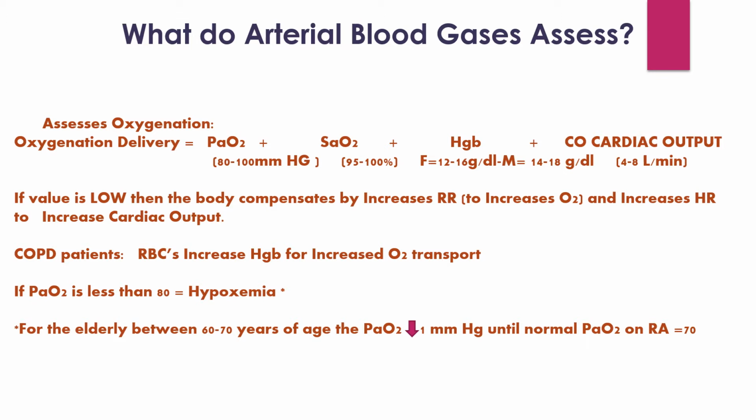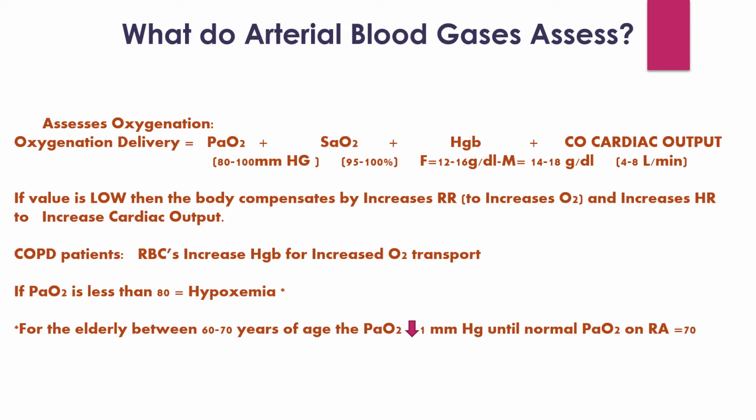And what do arterial blood gases assess? They assess oxygenation, and not only that, but oxygen delivery. Your PaO2, which is your partial pressure of oxygen in your blood, the normal range is 80 to 100.